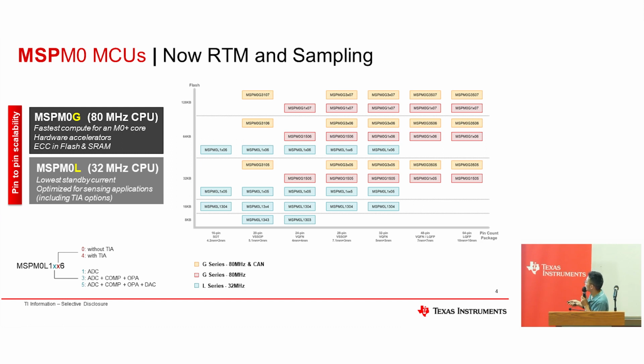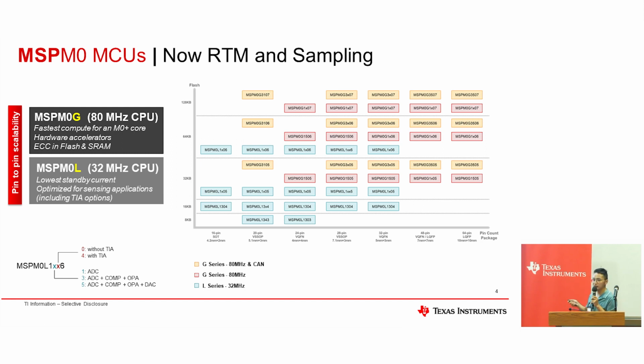On the right here in this table, I have listed all the devices we have released to market. As I mentioned before, the pin count covers from 16 to 64, and the memory size from 8 kilobytes to 128 kilobytes.